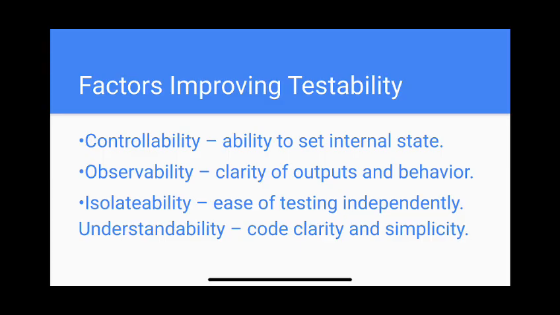Isolatability is the ability to test components independently by removing external dependencies by using mocks, stubs, fakes, and spies, as talked about before in the earlier slides. This supports clean, fast, reliable unit testing.